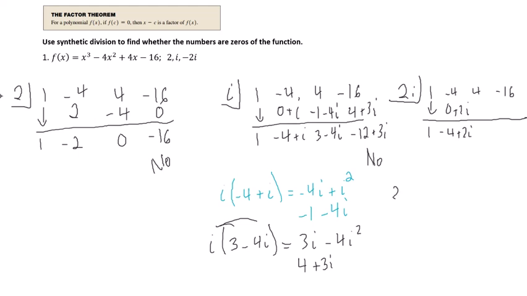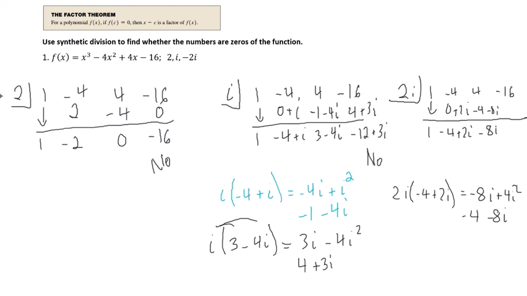So I'm going to multiply 2i times negative 4 plus 2i. And that gives me negative 8i plus 4i squared. So that becomes a negative 4 minus 8i. 4 and negative 4 cancel, so this is now negative 8i.